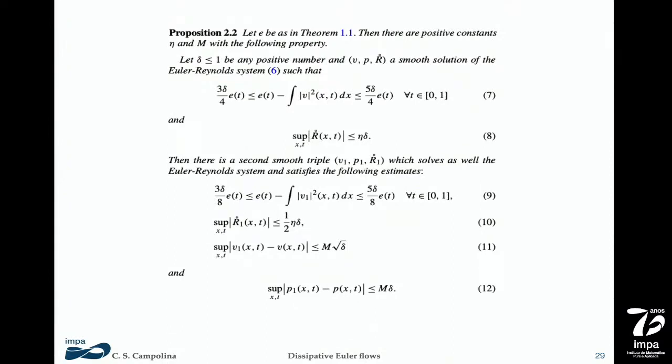Then we perform it again with a different delta, and we obtain a second triple, and then delta over 4, delta over 8, and so on. So we construct a sequence of solutions just using this inductive process. And we can see that the Reynolds stresses are going to vanish because delta is vanishing, and the energy of the flow is converging to the prescribed energy, because delta is vanishing both from below and from above.